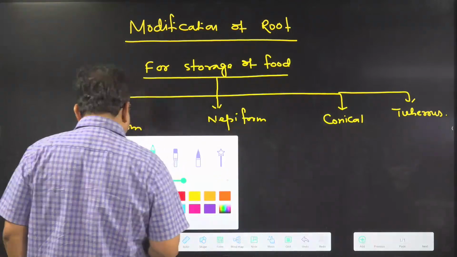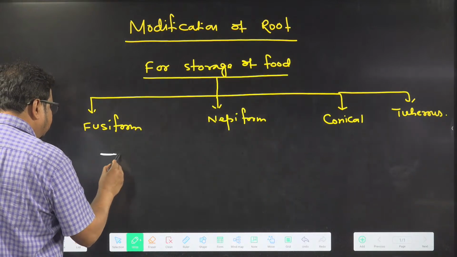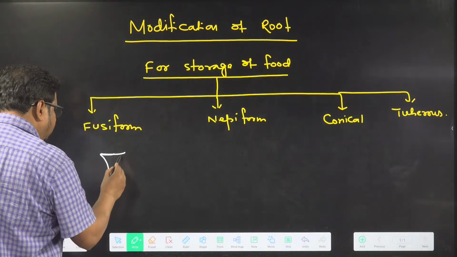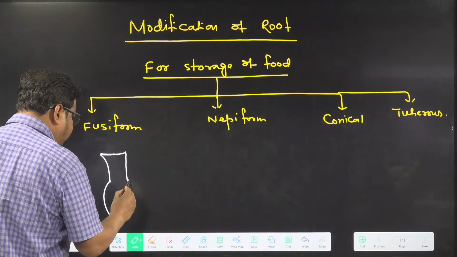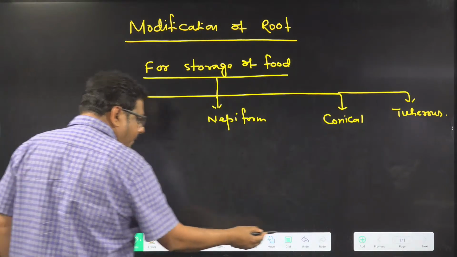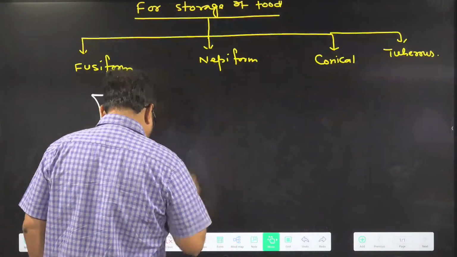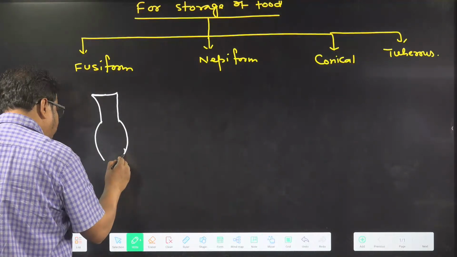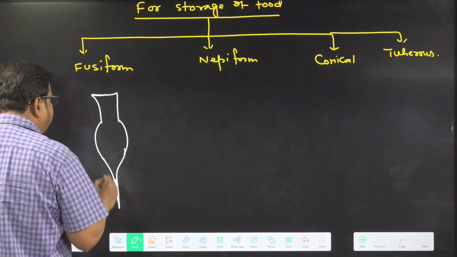So if you talk about fusiform modification, you will find it like this. The upper part is like this, the middle part is swollen, and the lower part is tapered.